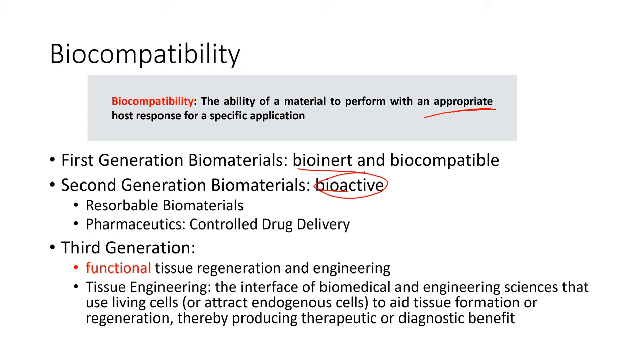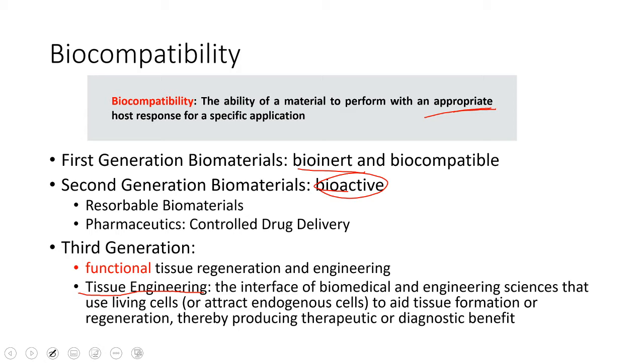And then the third big generation is more recent, where they're actually trying to create functional tissue regeneration and engineering. I put a definition of tissue engineering: it's the interface of biomedical and engineering sciences that uses living cells or attracts existing cells to aid in tissue formation or regeneration to produce a therapeutic or diagnostic benefit.